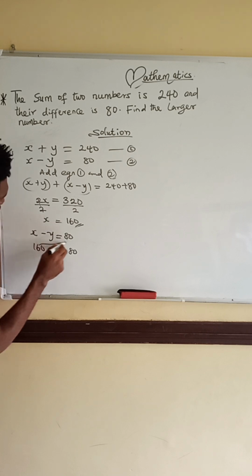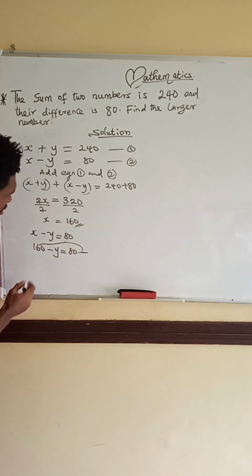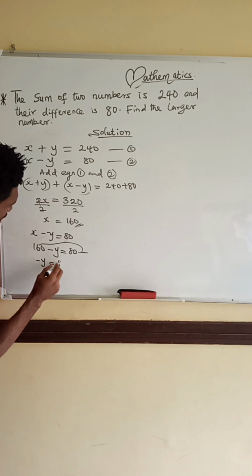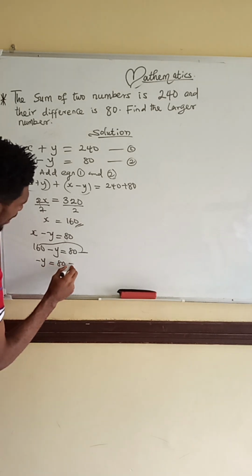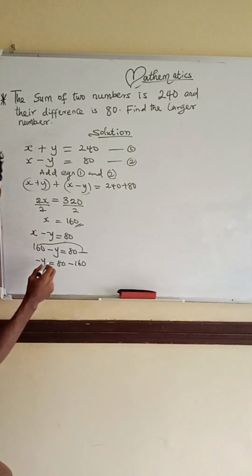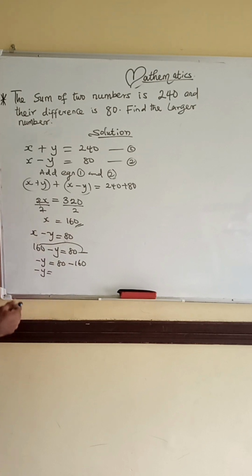When this one moves to the other side, the positive number changes to a negative number. So what we have left is minus y is equal to 80 minus 160.